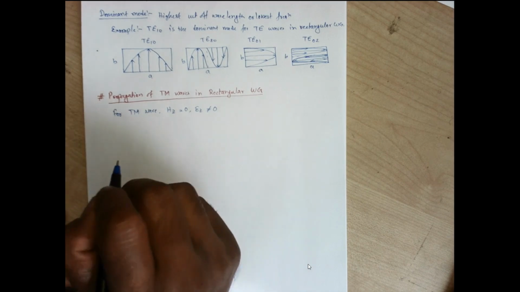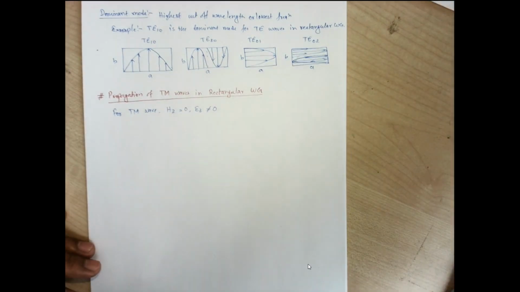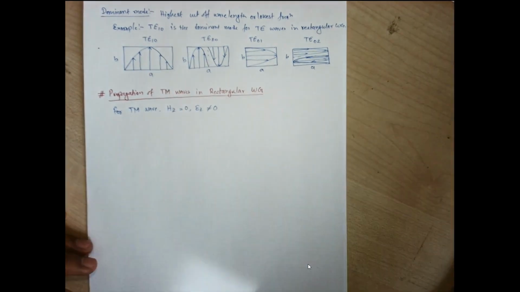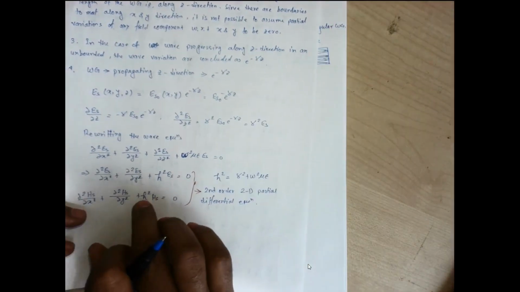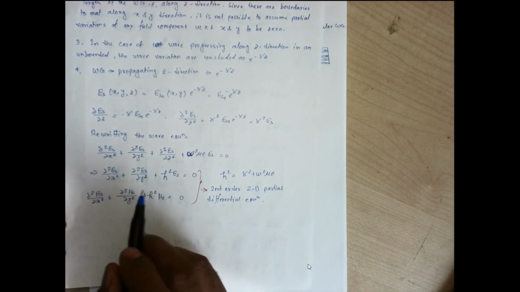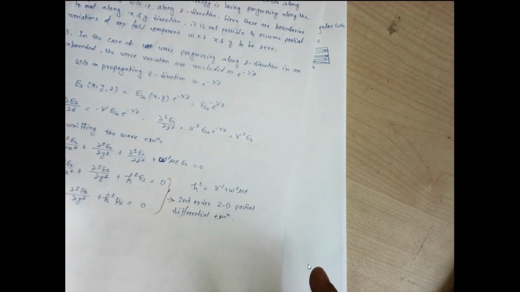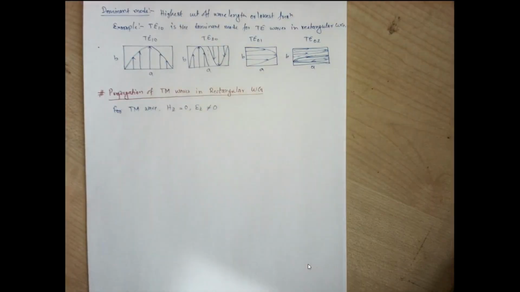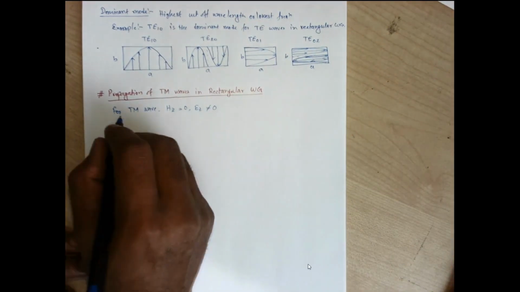We don't need to consider the magnetic field along the direction of wave propagation. So these are our two-dimensional wave equations, right? So we need to consider the Z component, so we'll go with the Z component of the electric field. It is along the direction of wave propagation.